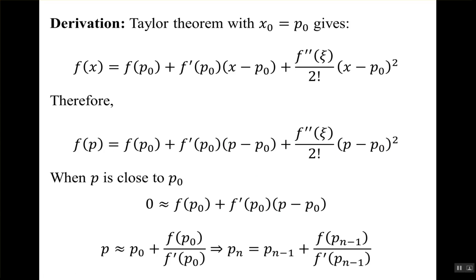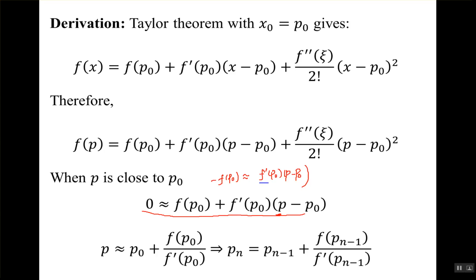Lastly, we just need to solve for p. So from this approximation, negative f of p0 is approximately equal to f prime of p0 times p minus p0.